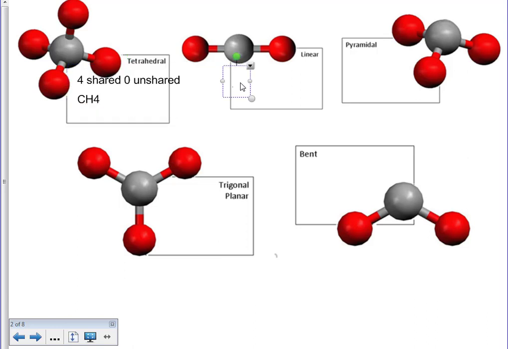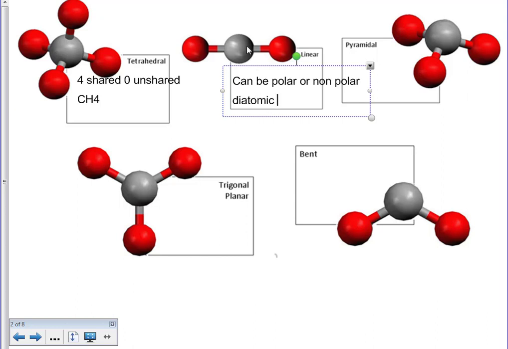The second type that we have here is a linear molecule. Linear can be polar or nonpolar, depending on the substituents or the branches off of there. We also have diatomics, elements that are linear as well.